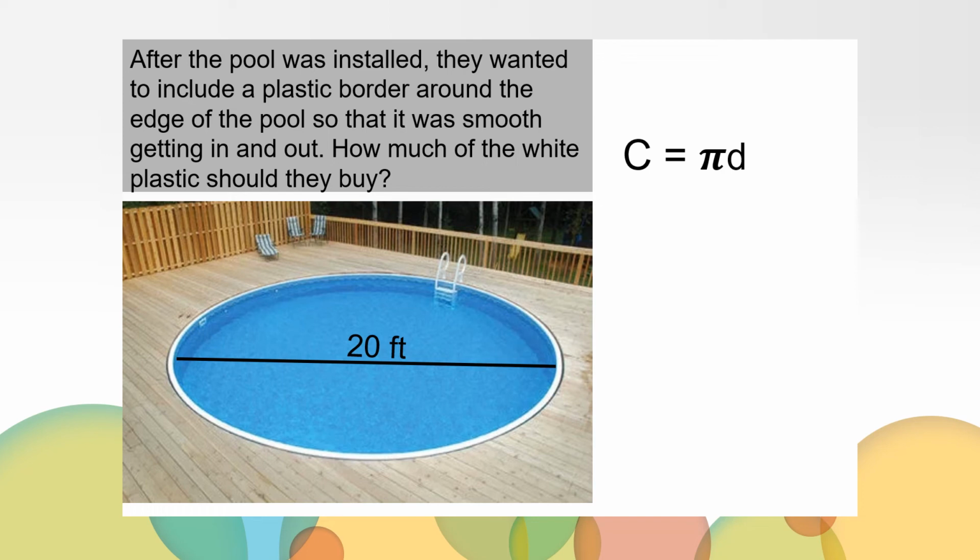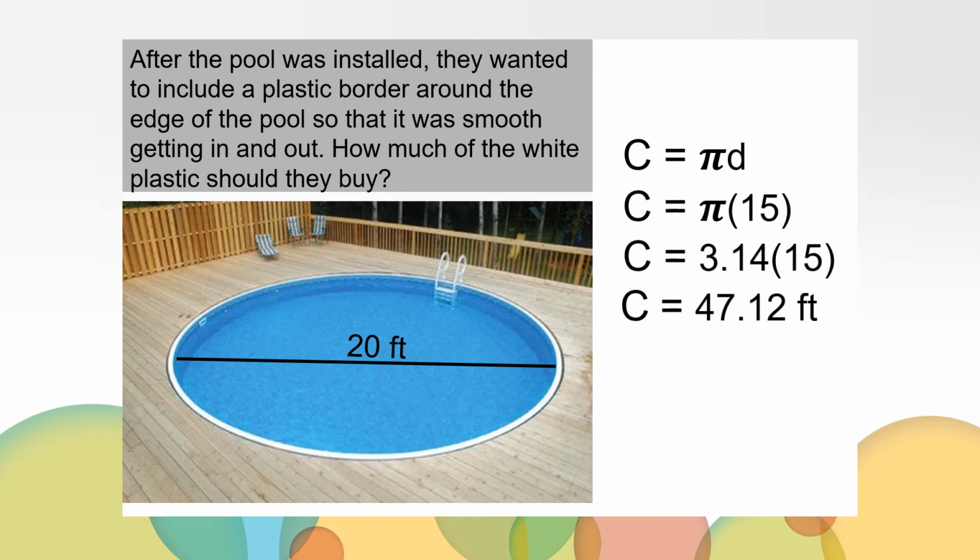When we substitute the values into the formula, we find out that the circumference of this pool is 47 12 feet. That means that the Sanchezes need to order at least 47 12 feet of plastic border for their pool.